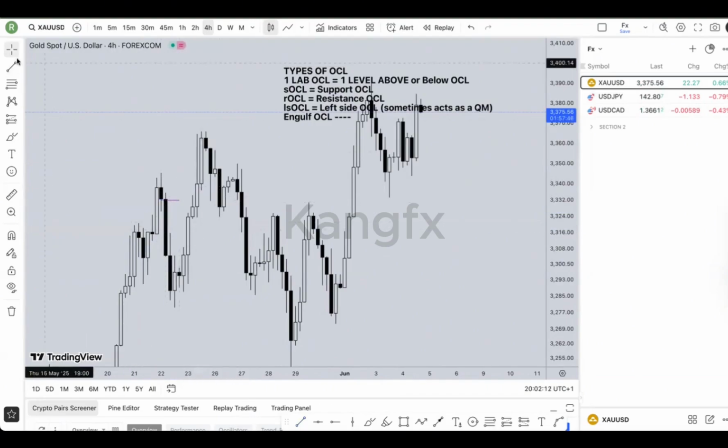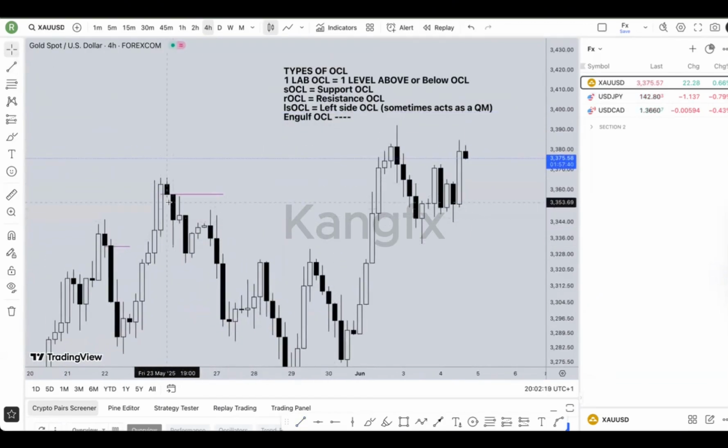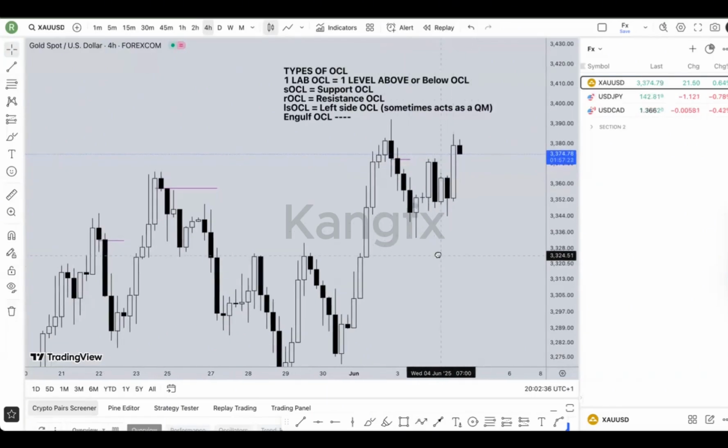You see that? This is another resistance OCL. You see how the bullish candle engulfed the two black candles. You see that, that's a resistance OCL. This is not a resistance OCL, just a normal OCL. This is not a resistance OCL because this last bullish candle didn't engulf them. So that is not a resistance OCL. Take note.